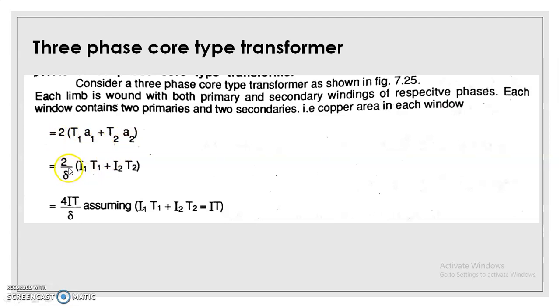So you can simplify this as 2 upon del into (I1 T1 plus I2 T2). By assuming that I1 T1 is equal to I2 T2 is equal to I into T, you can write 4 into IT upon del.